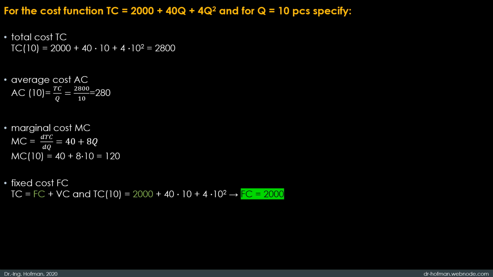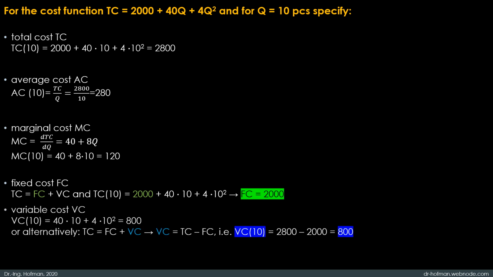Fixed cost FC, I can express FC from TC equals FC plus VC. That's why total cost for 10 pieces is 2000 plus 40 times 10 plus 4 times 10 squared. From here, fixed cost is 2000.